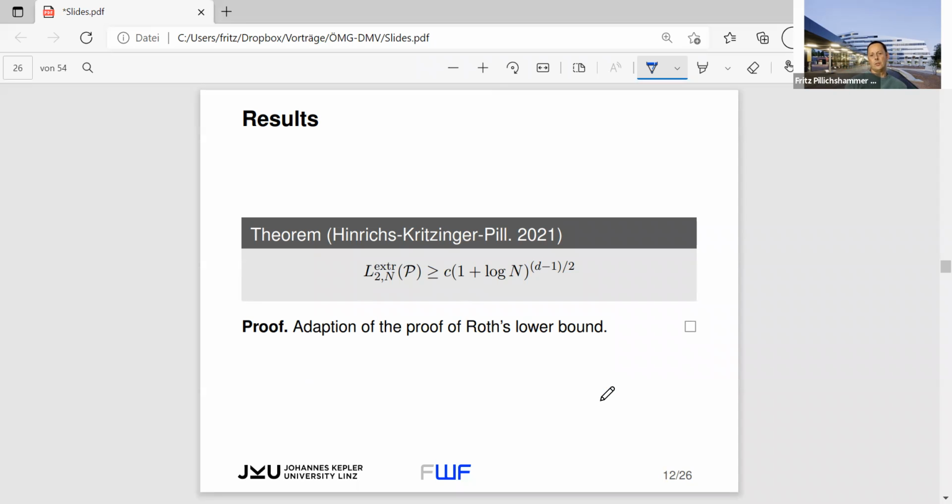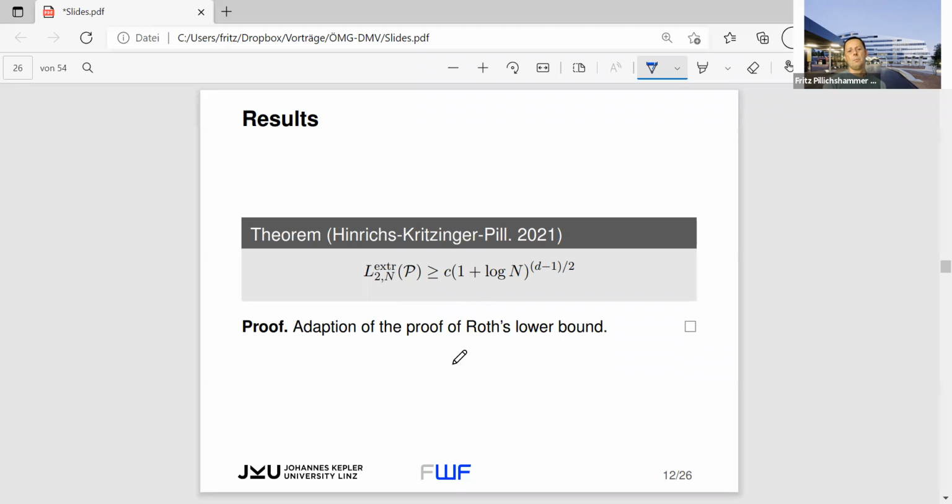So next, we already talked about this Roth lower bound for L2 star and L2 periodic discrepancy. It's not a big surprise, but nevertheless, we know the L2 extreme discrepancy is the smallest of the three L2 discrepancies, but still it satisfies this Roth lower bound for every n-element point set, that it's at least of order (log n)^((d-1)/2).